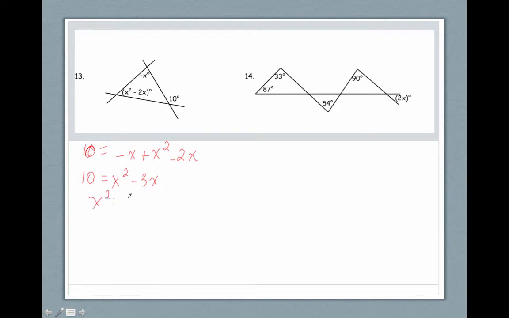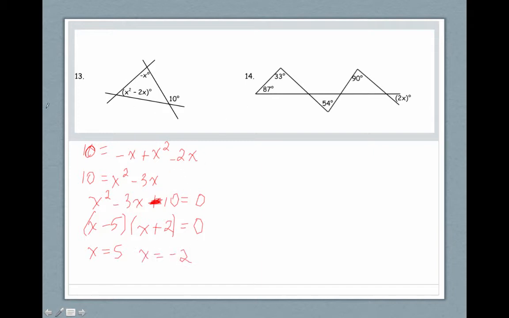X squared minus 3x minus 10 equals 0. So two things that multiply together to give negative 10 and add together to give negative 3. So x minus 5, x plus 2. This gives x equals 5, x equals negative 2.